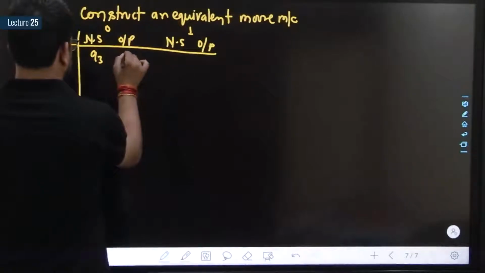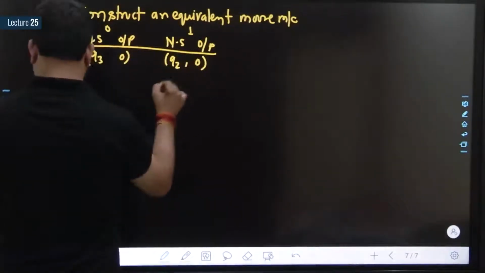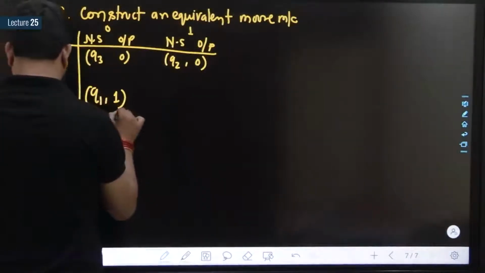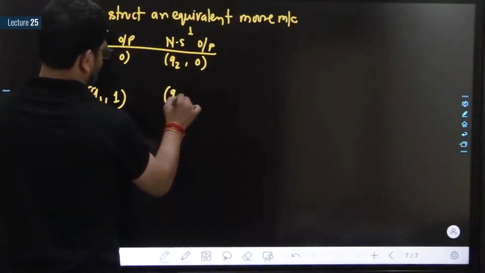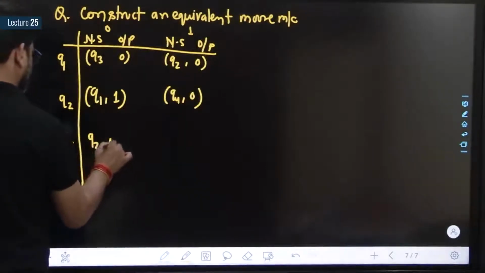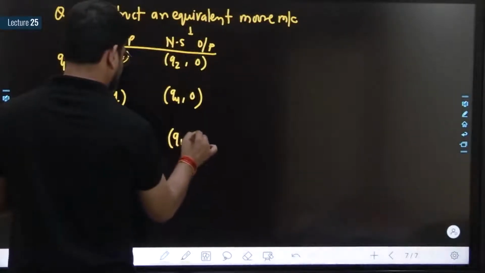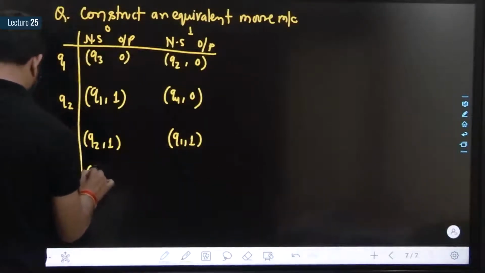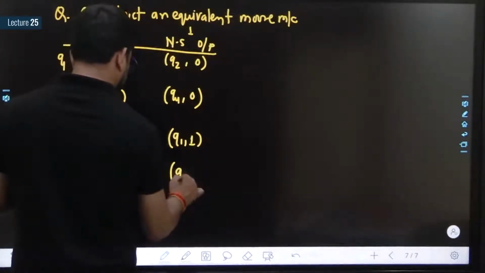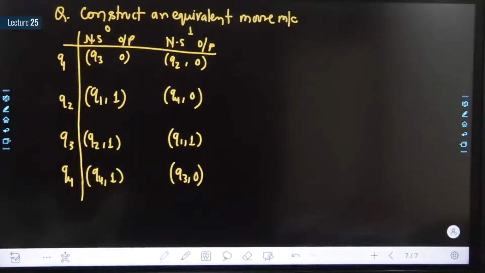Entries: Q3 0, Q2 0, Q1 1, Q4 0, Q2 1, Q1 1, Q4 1, Q3 0. Please try to do this question.